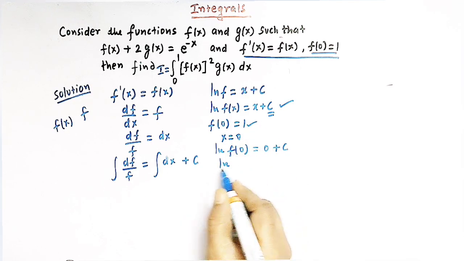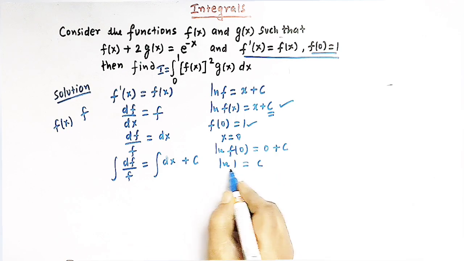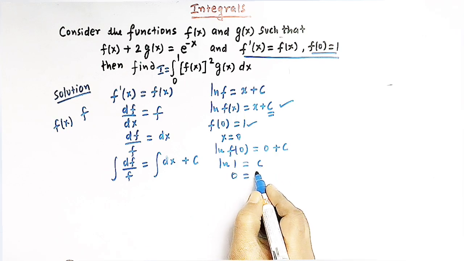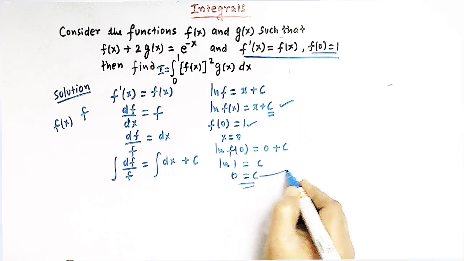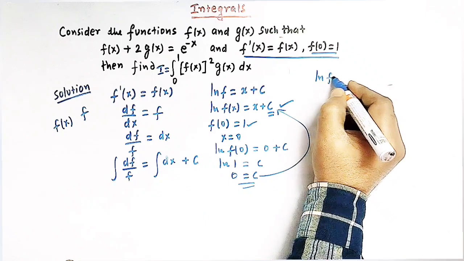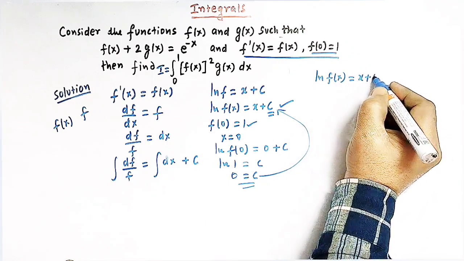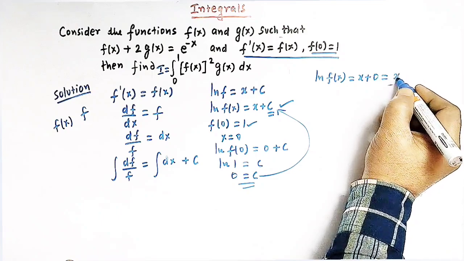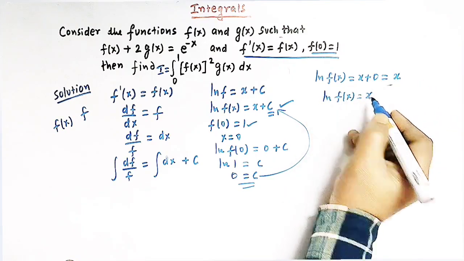So we have log of 1 is equal to c, and log of 1 is 0, so the value of c is equal to 0. Let us substitute this value in this equation. We have natural log of f of x is equal to x plus 0, that is simply x.